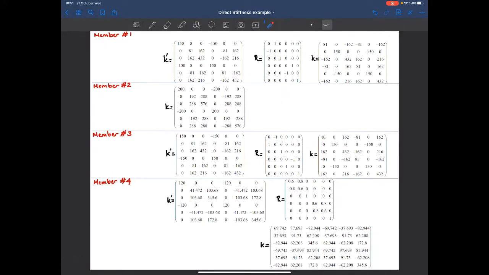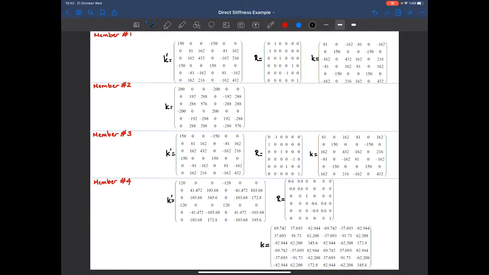Now here, for every member, I calculated the element stiffness matrix in the member's local axis, the rotation angle by using the rotation matrix by using the rotation angle, and then we obtain the structural stiffness matrix in the global directions.